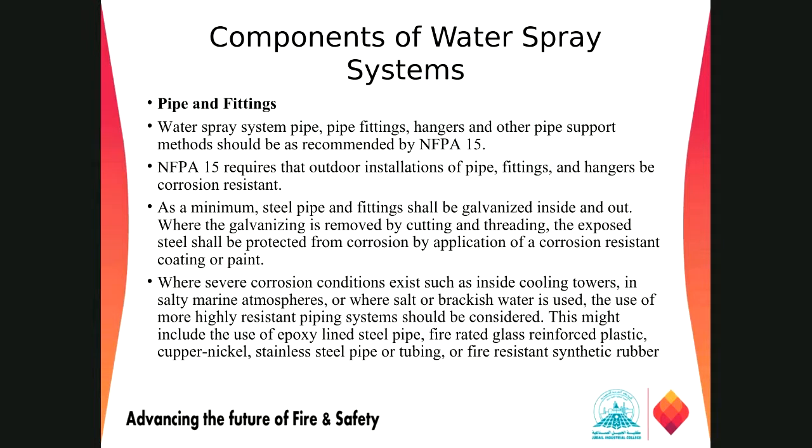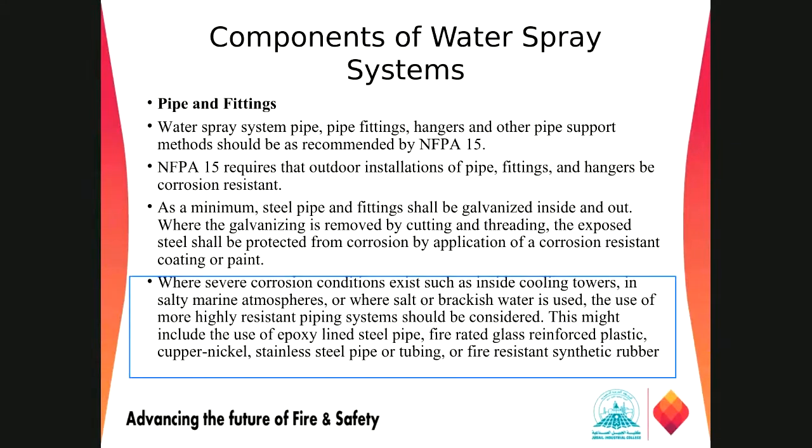Next they are talking about when a severe condition exists, when there is a chance of more corrosion all the time, like inside cooling towers, right? If you are putting water spray systems in the cooling towers, there is a chance that due to the continuous water present inside the cooling tower and the air, those pipes might get corroded very fast, right?